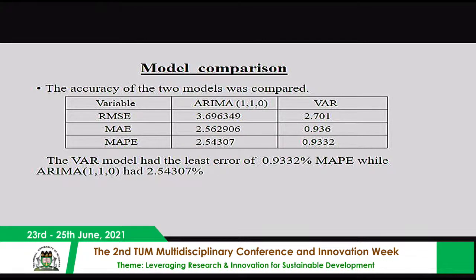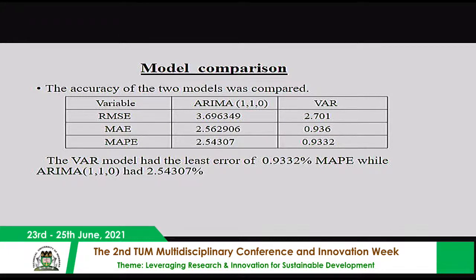Now, at the end, I did a comparison of the 2 models to find out which one among them best predicts the prices in our country. So from there, the root mean square error for ARIMA 110 was 3.696349, and for VAR it was 2.701.